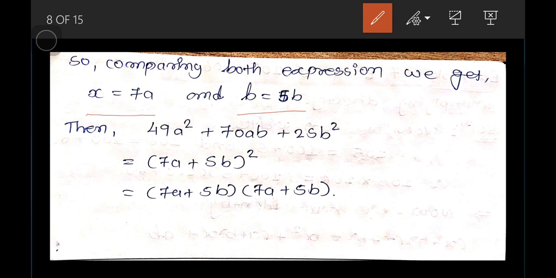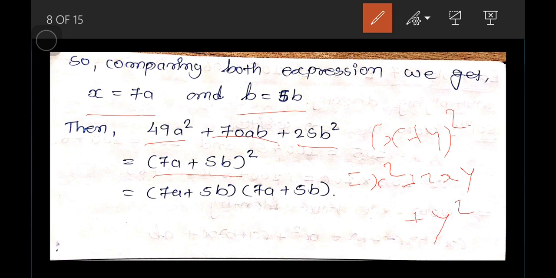So now 49a square plus 70ab plus 25b square, we can directly write this quadratic polynomial in the form of (7a plus 5b) all square, because we know that (x plus y) all square is equal to x square plus 2xy plus y square.